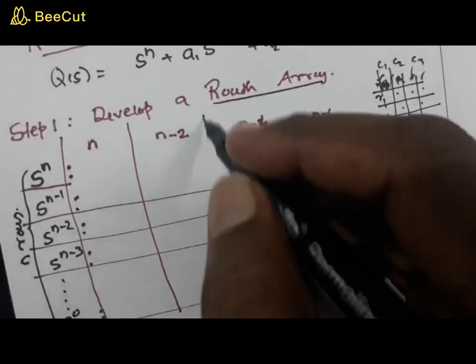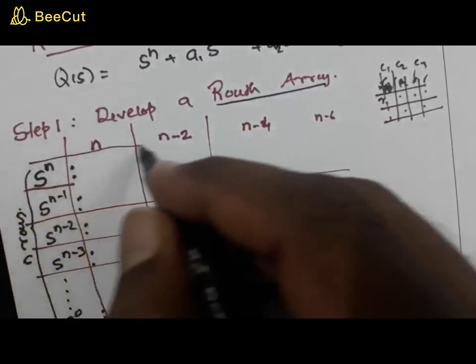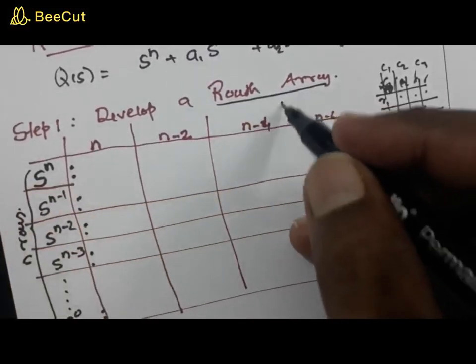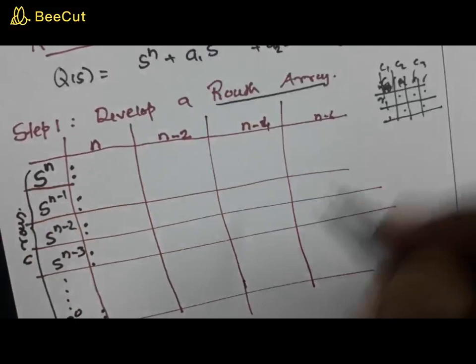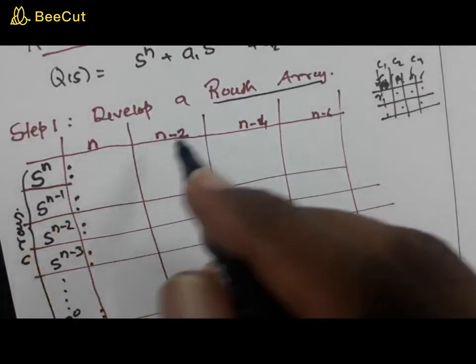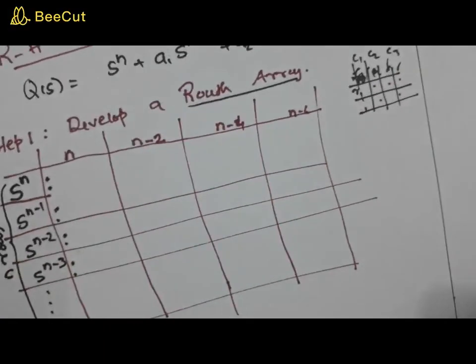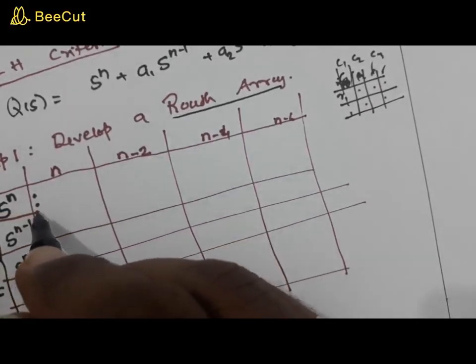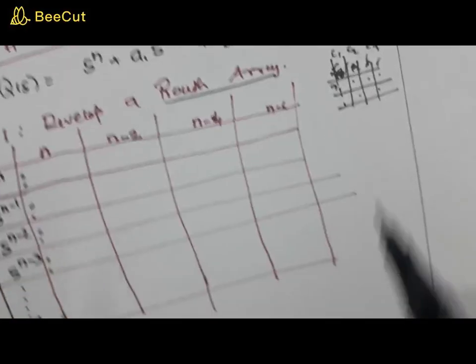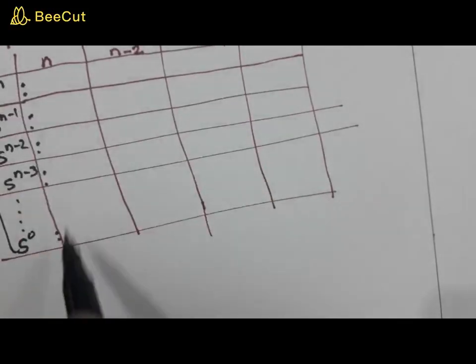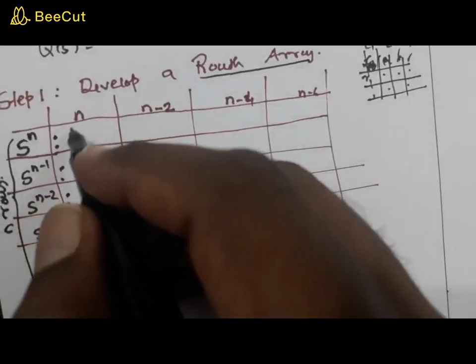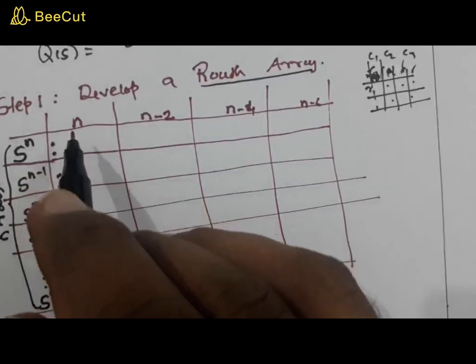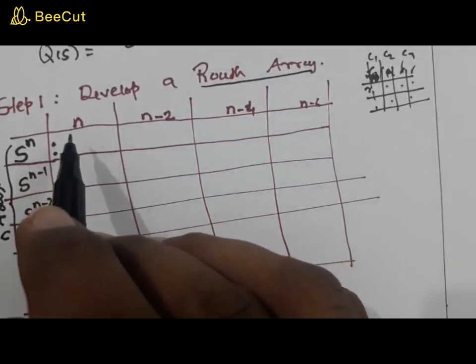Then you have the columns corresponding to n, n minus 2, n minus 4. Okay, now coming to s raised to n, you have so many cells, and you need to fill these cells.